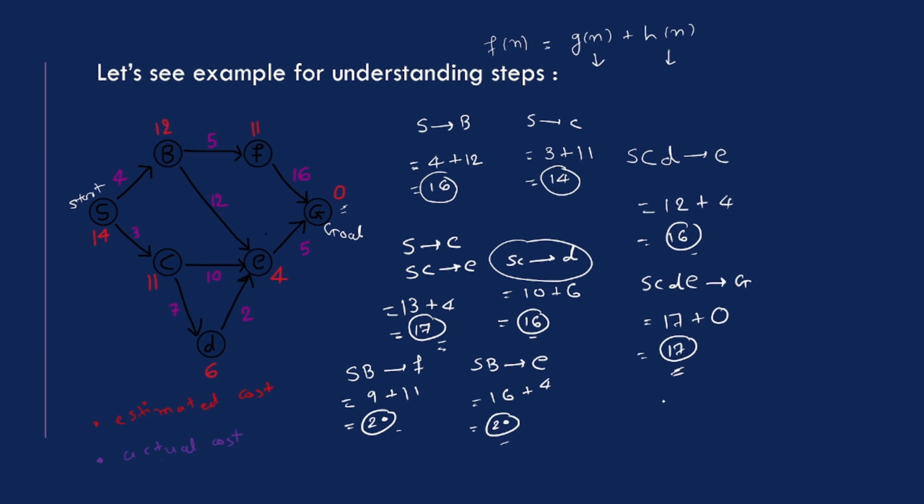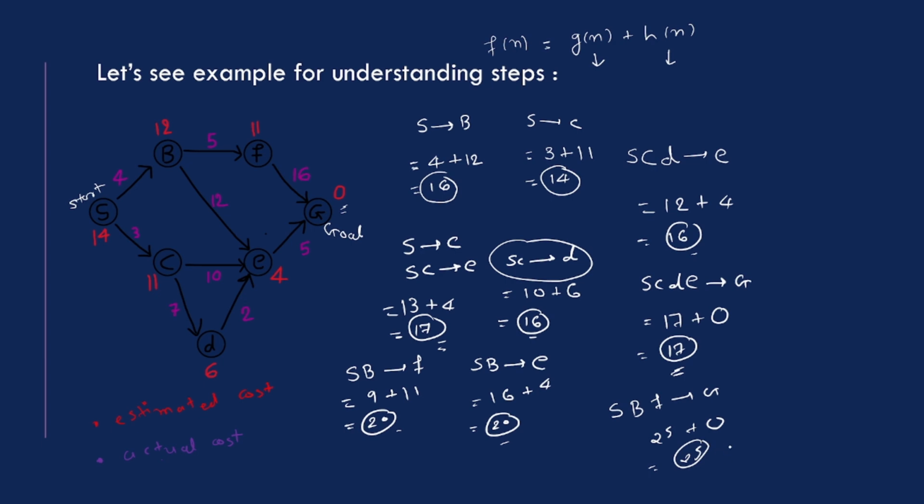And now let's see what if we take the path S, B, F to G? Because with SBF we also reach the goal node. Let's see what value we will get. S to B is 4, B to F is 5, plus 16, which is 25 actual cost, plus the estimated cost of G, which is 0. So we get 25.